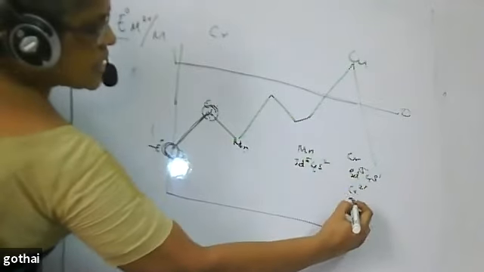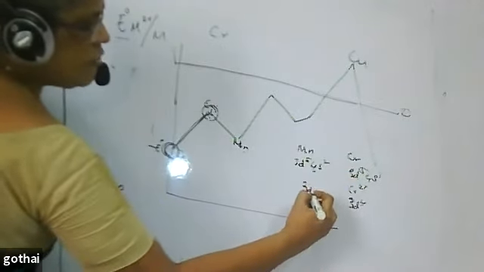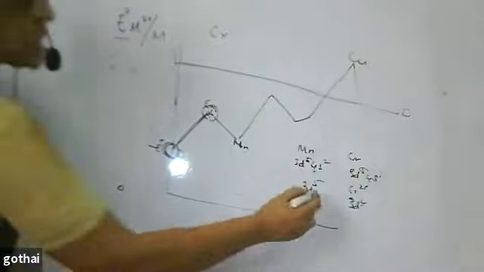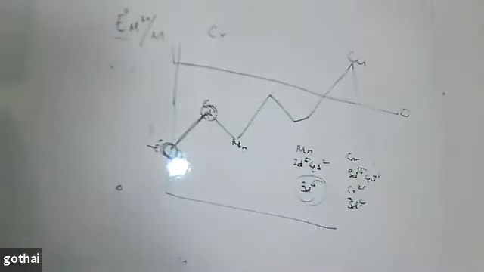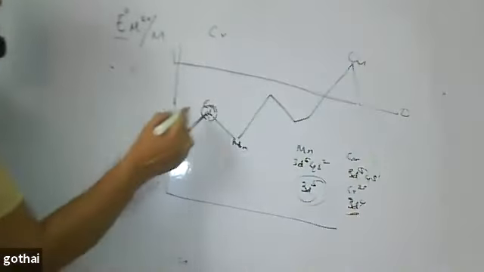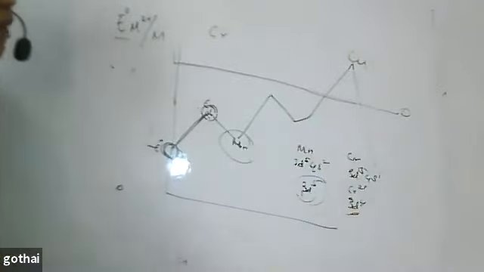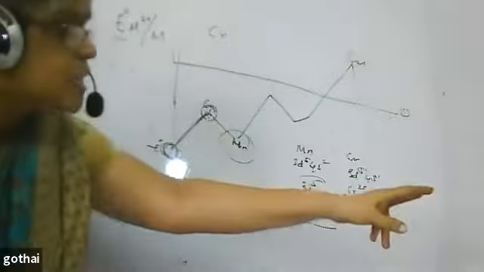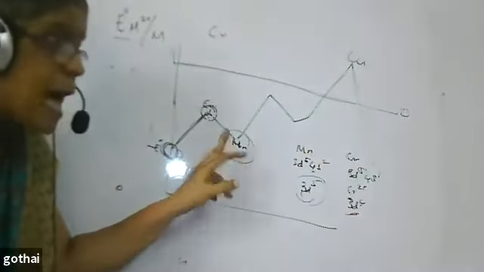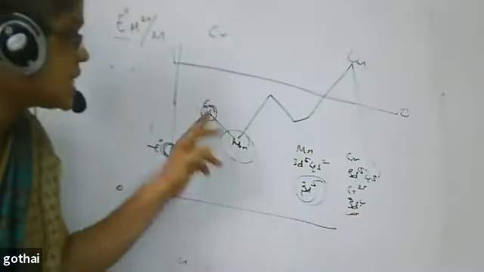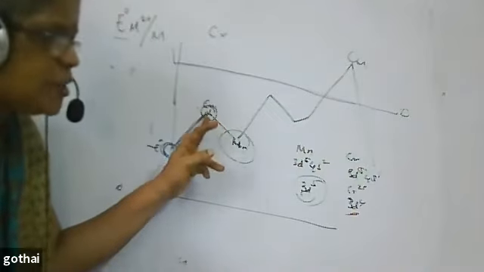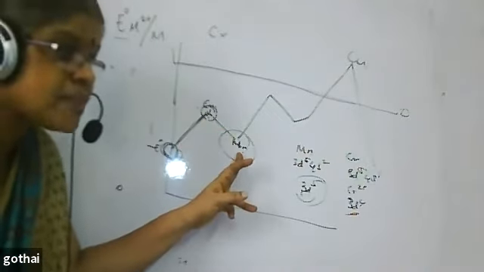Cr2+ means 3d4, whereas Mn2+ means 3d5, a more stable configuration. Chromium is not stable that way, so I am not touching it. Manganese is ready to lose 2 electrons to attain the stable half-filled configuration. So the manganese E0 value is lesser, and it acts as a very good reducing agent.